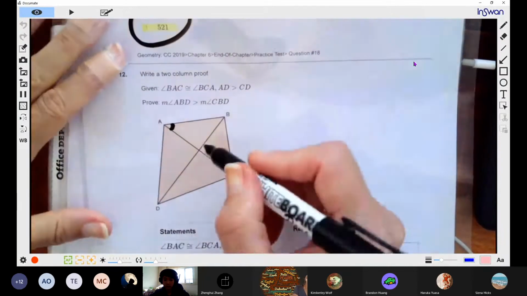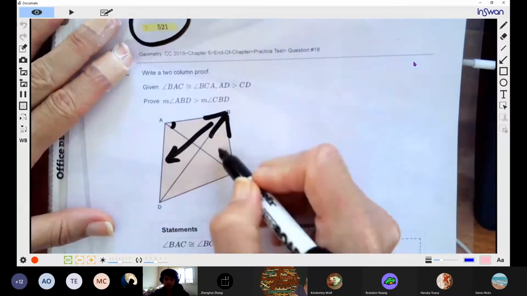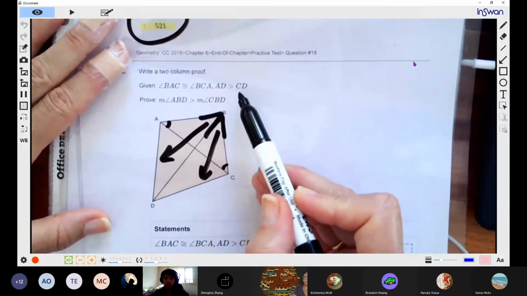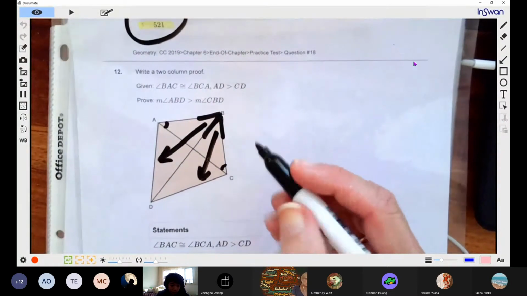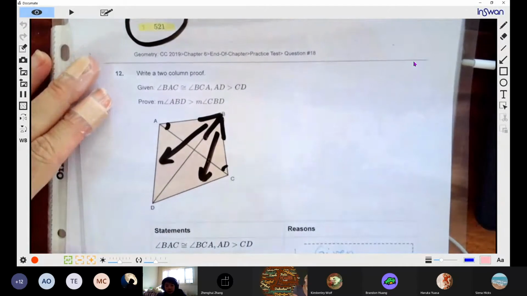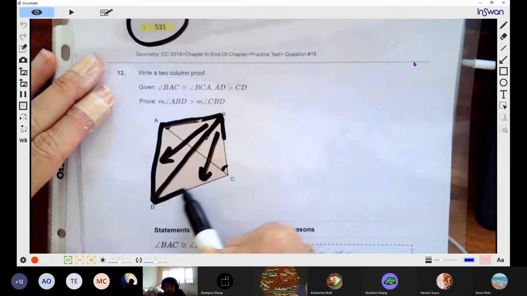So any angles opposite, meaning say here and here, are going to also have that same relationship. But what you have to do is first, in order to use that theorem, you have to show that these triangles are congruent.